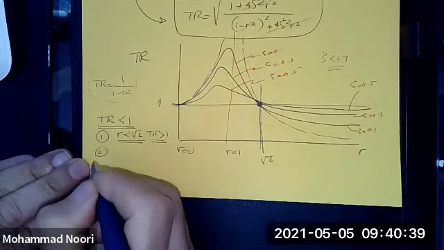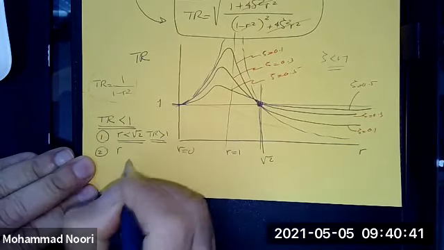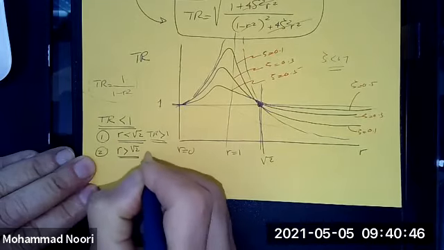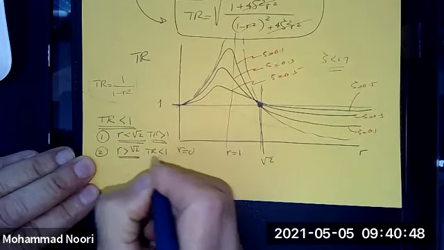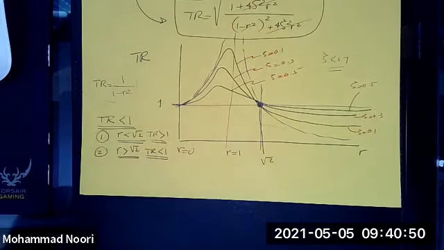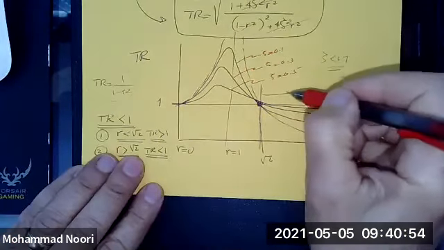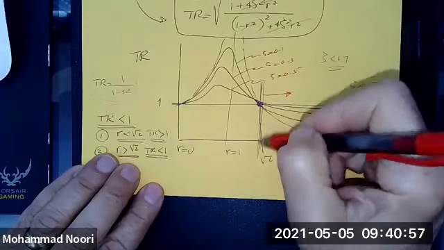So we're interested only when r is greater than the square root of 2, when the transmissibility ratio is less than 1. That is the desirable range.